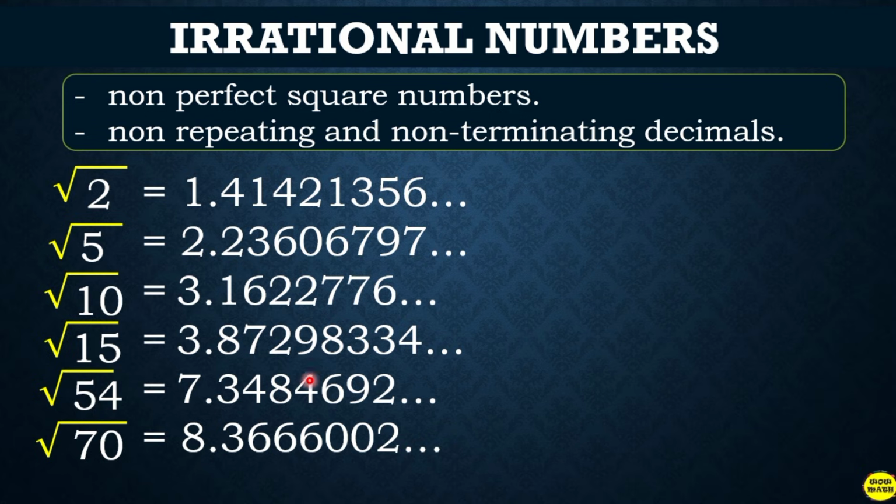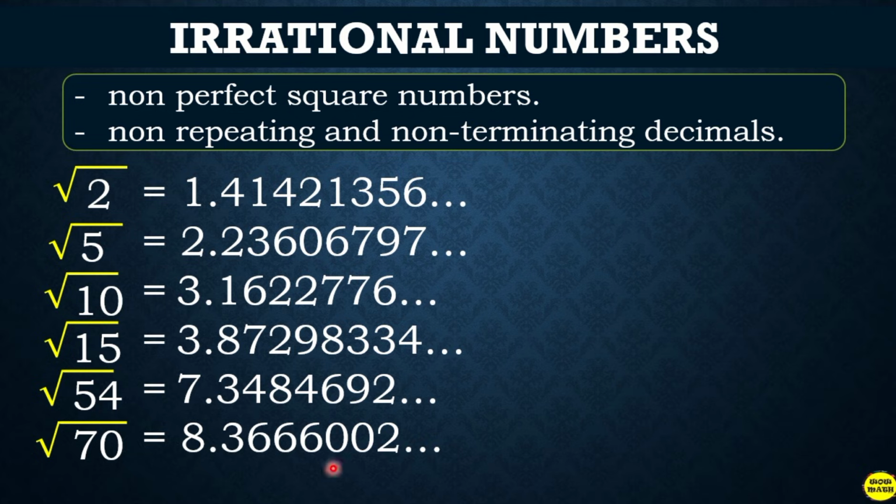Okay? Well, this one, ang result niya, since it cannot be expressed as A over B kasi nga non-repeating at non-terminating siya, then these are considered irrational. Tandaan po, kapag ang given natin ay hindi perfect square numbers, then those are considered irrational numbers.